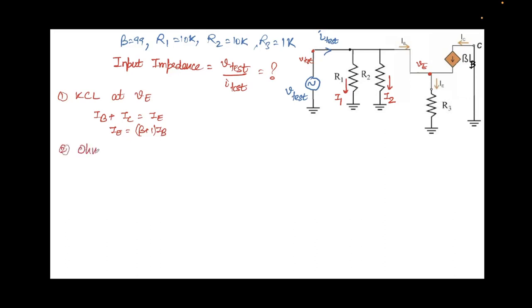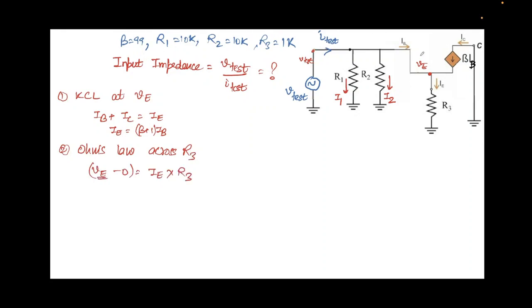So I'll write Ohm's law across R3. That will be VE minus 0 is equal to IE times R3. Now I know the value of IE, and VE will be nothing but V test. Note that this is just a wire.